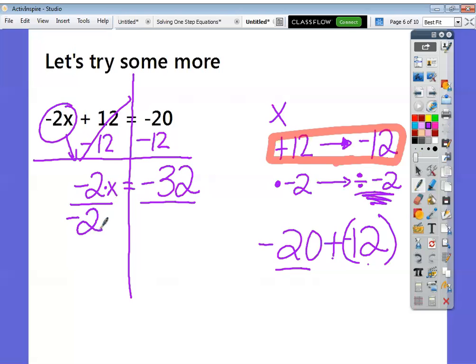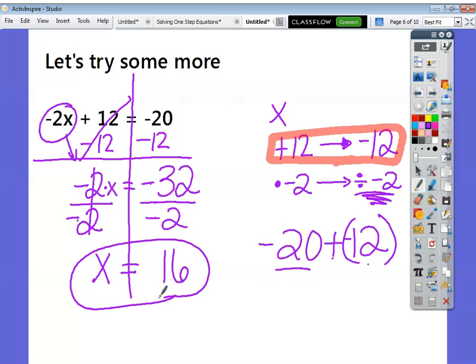A negative 2, because a negative divided by a negative is a positive. 2 divided by 2 is 1. So I'm going to do the same thing over here. So x equals 32 divided by 2 is 16. Negative divided by negative is a positive. So there is my answer.